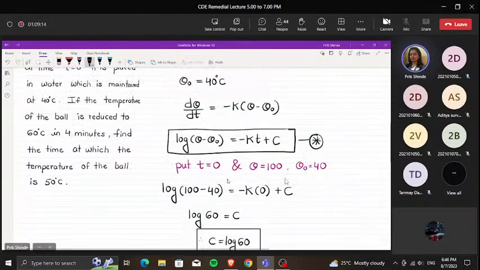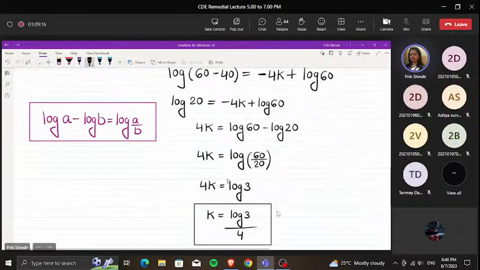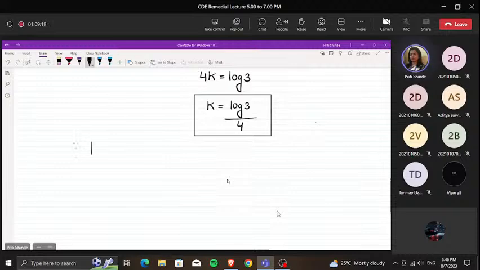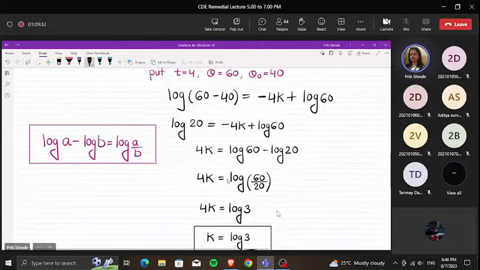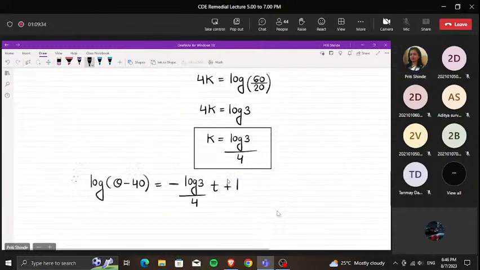So my equation star becomes log of (theta minus theta 0, that is theta minus 40) is equal to minus k t, where k is log 3 divided by 4, plus c, where c is log 60.